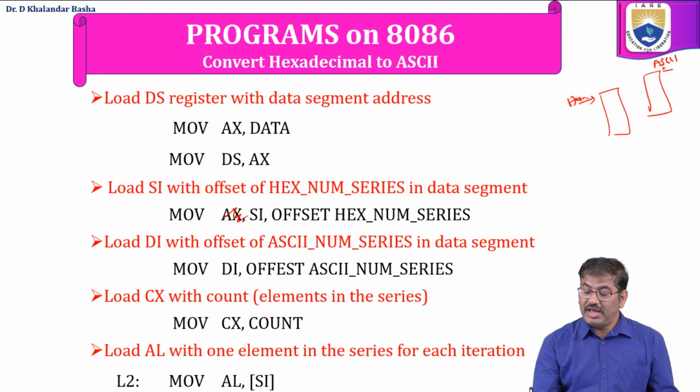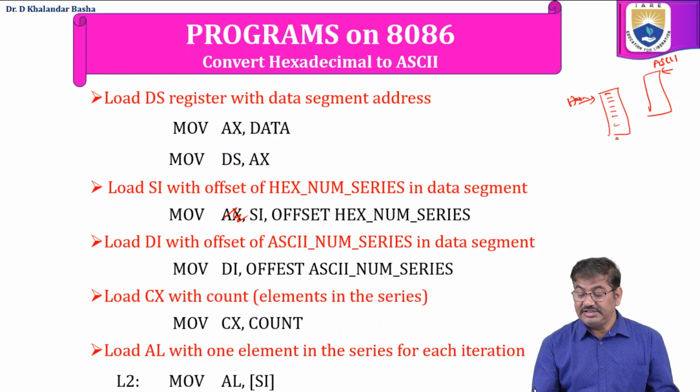Next, for pointing to the ASCII number memory, we load this address into the DI register: MOV DI, OFFSET ASCII series. Then how many hexadecimal numbers are present, we are going to load into the CX register by using MOV CX, count.